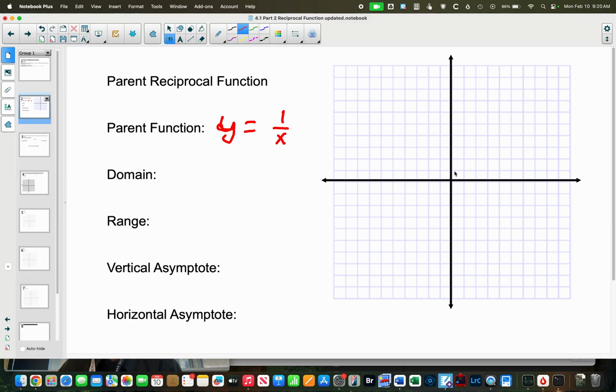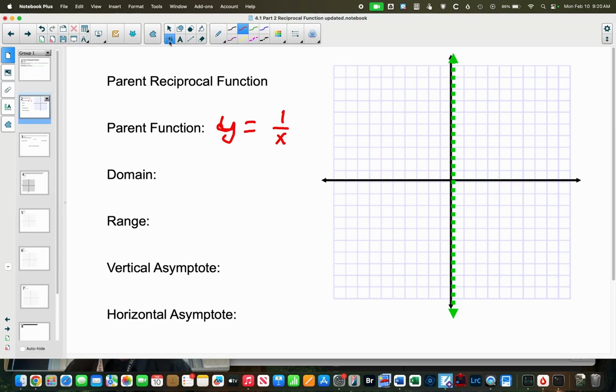When we divide by 0, it's going to be undefined. So at 0, there's going to be an asymptote here. It's going to be undefined, because you can't divide by 0. We're going to put a dashed line through 0, and we'll talk about the rest of the points.